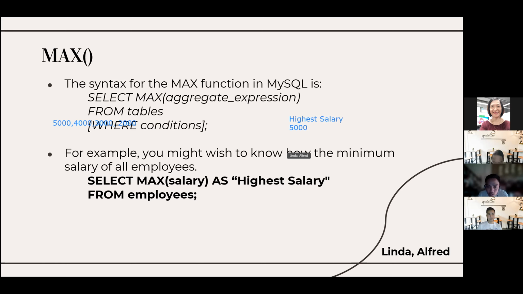So essentially, it's looking for the highest value in the salary column, the opposite of the minimum, which is finding the lowest value in the column of our table.